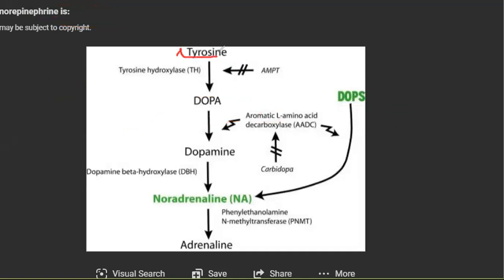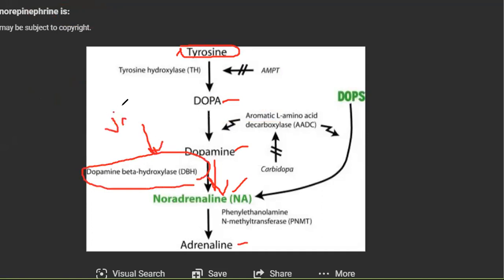It starts from this amino acid tyrosine, and then it's converted to dopa, and then dopamine, and then noradrenaline, and then adrenaline. So this is the step where dopamine is converting to noradrenaline, and the enzyme is dopamine beta hydroxylase. This enzyme also uses vitamin C. So these are pathways, and you should know where you're using it.